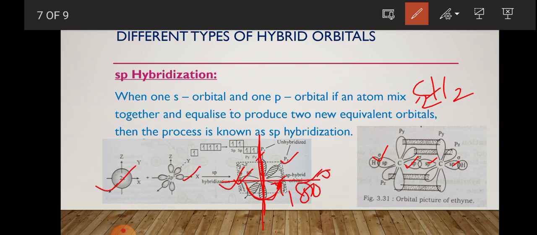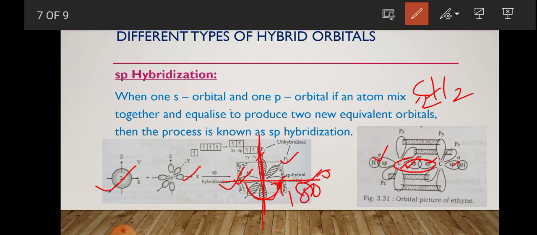One sp hybrid orbital of each carbon overlaps head to head with each other and forms a sigma bond. These two sp hybrid orbitals overlap each other and form one sigma bond.